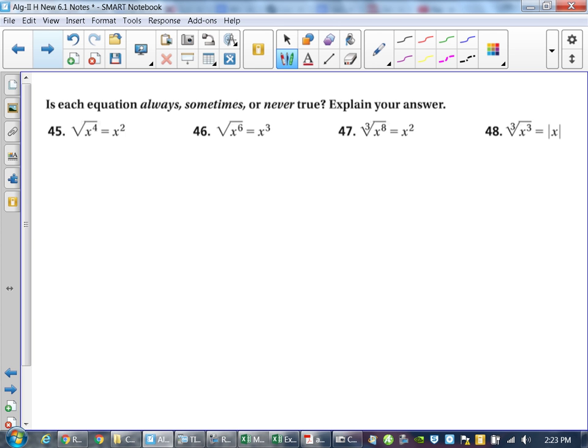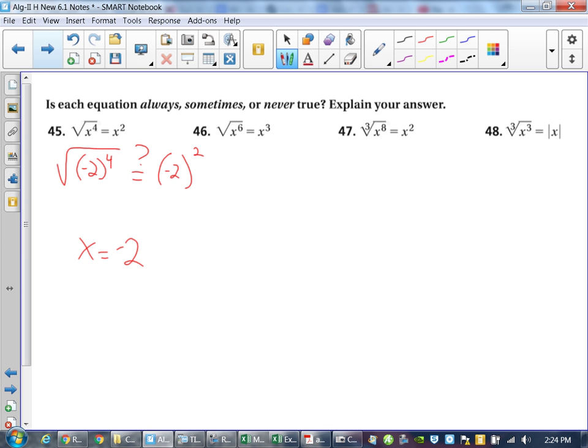Okay, if I take the square root of x to the 4th, will it always equal x squared? No. Sometimes. Negative. If, let's say it's negative, well, if you use your order of operations, if I say that x is negative 2, if I substitute into here the square root of negative 2 to the 4th, will that equal negative 2 squared?